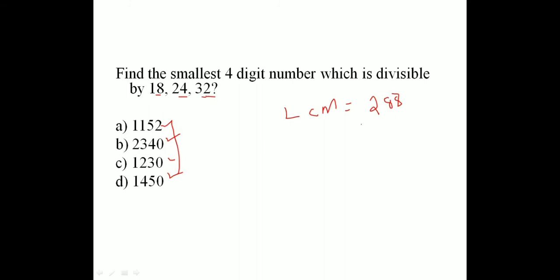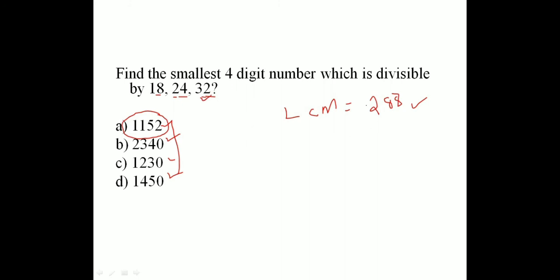If a number is divisible by 18, 24 and 32, then obviously that number should be divisible by the LCM of these numbers as well. LCM here we got 288, and we can see that 1152 is the smallest number out of the given options. Take the smallest number and check whether it is divisible by 288 or not.